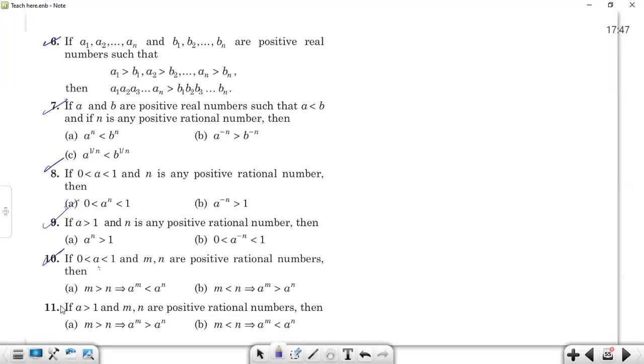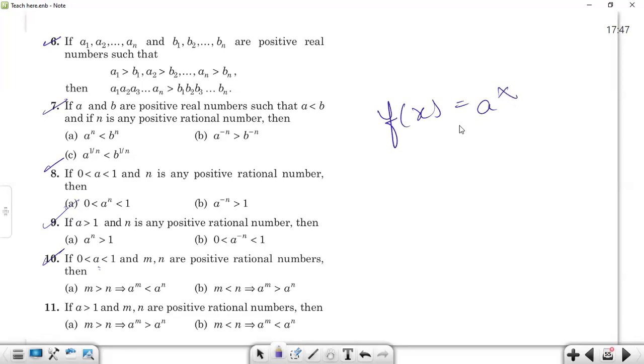So now discussing about the 11th property, which says if A is greater than 1, and M, N are positive rational numbers, then so it's about a function. We are discussing about an exponential function.